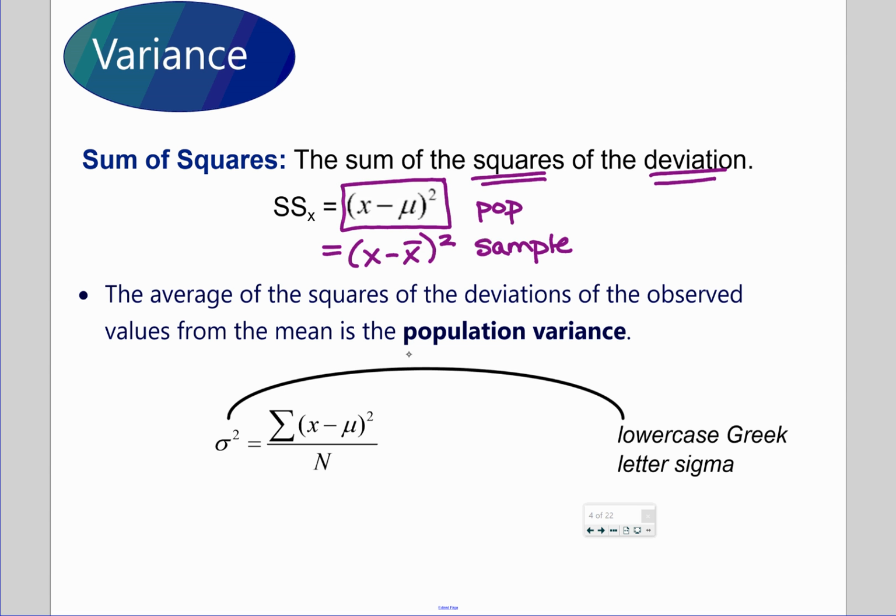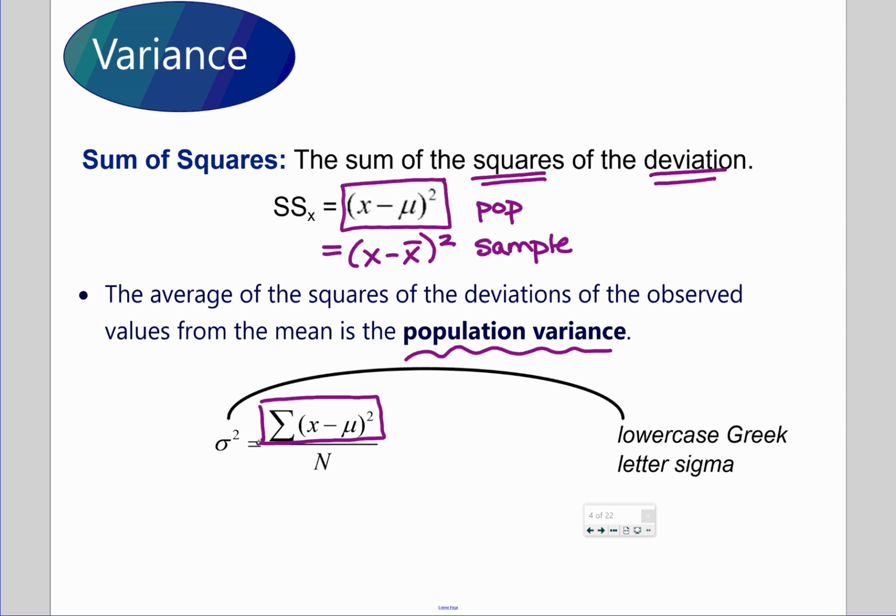Then we take that one step further to find population variance. And it's really finding variance. This formula is how it's written with population, and I'll write it down below in a second with our sample. The numerator, that's that sum of squares. So we've got our x minus our mean squared, and then they're summed up.